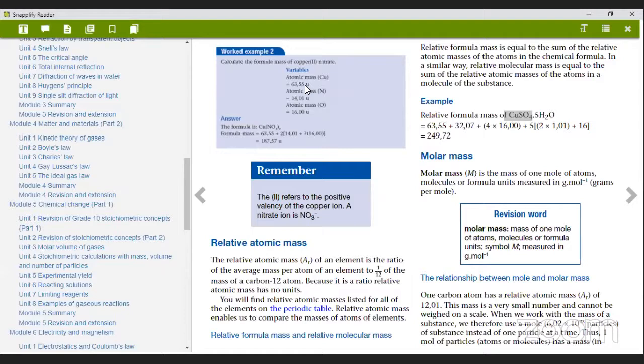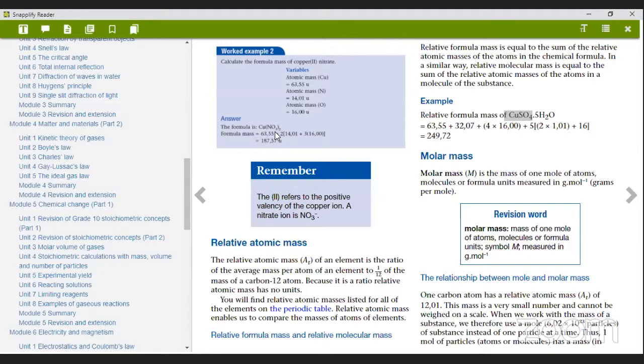So for example, for Cu(NO3)2, what you do is Cu plus. You do not multiply. I know I said this is the maths of physics, but it doesn't necessarily always work with maths as we know it. In this case, when you calculate the total molecular mass or formula mass, you have to add them together.